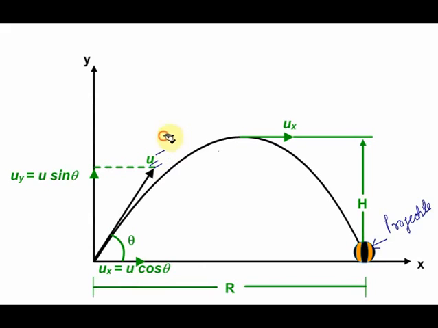So this is our velocity of projection. And the angle of projection is theta. So this is the angle which the velocity vector makes with the horizontal.